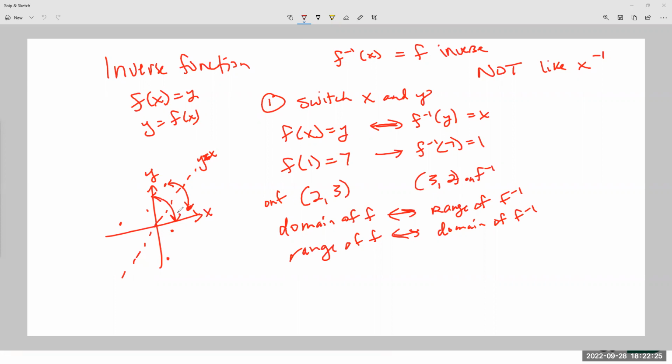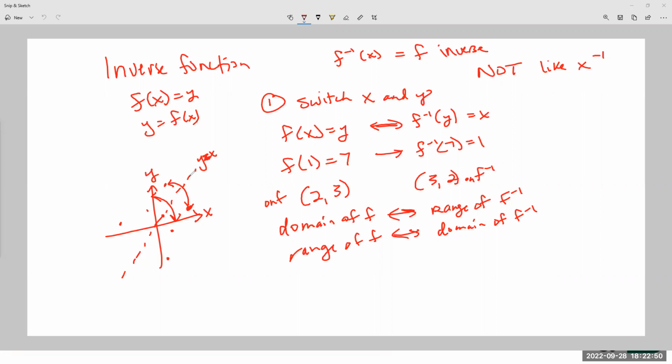So one thing that means is the graphs of a function and its inverse, if you plot them together, if they have intersections, those intersections will be on that line y equals x. They could have other intersections.